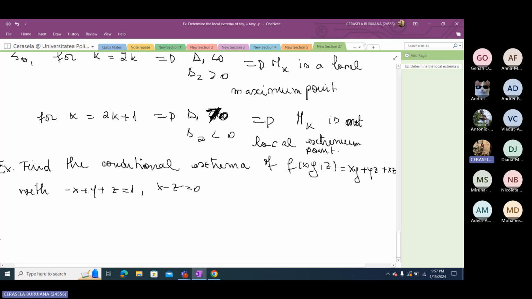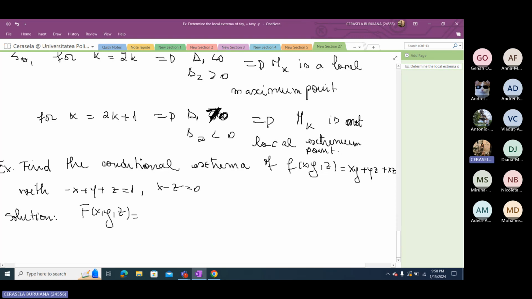Good. So, solution. Now, because I have two conditions, how many Lagrange multipliers do you think I will have here? Two. Exactly, we have two. So, we construct that function F with capital, but it will be in three variables this time.